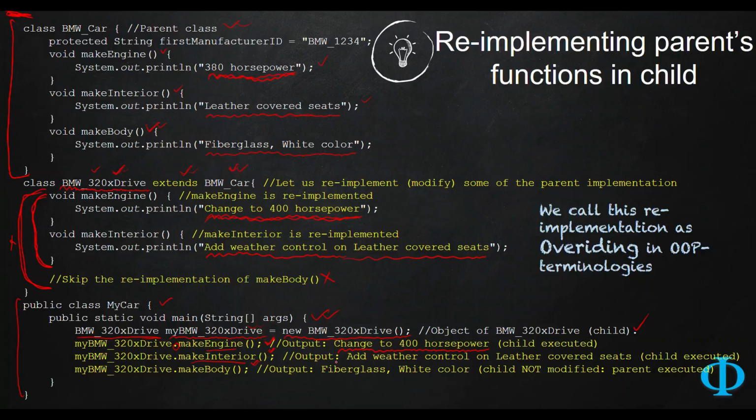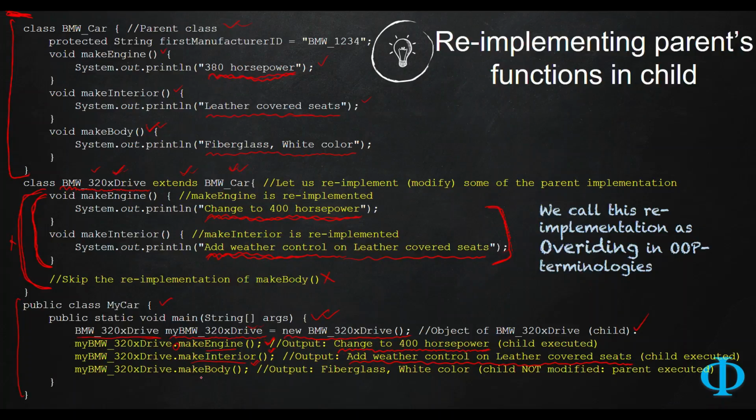Then make interior, whenever you execute this program, this line will basically print this child implementation, that is add weather control on leather covered seat. So since you have re-implemented, or in object oriented terminology, overridden both the functions make engine and make interior inside the child, it will get the child's implementation and it will be executed.